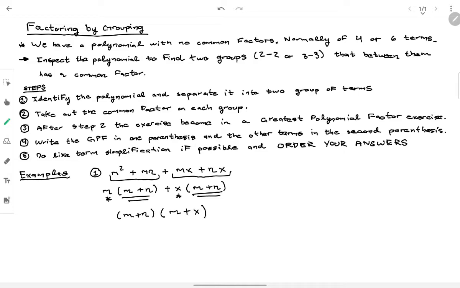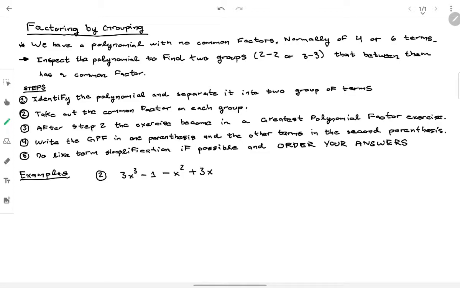It's correctly ordered. I cannot do like term simplification, so this is going to be our final answer of this simple exercise. As we saw, factoring by grouping is separating in groups that have a specific common factor, and then the exercise becomes a greatest polynomial factor exercise. So let's continue with other examples.